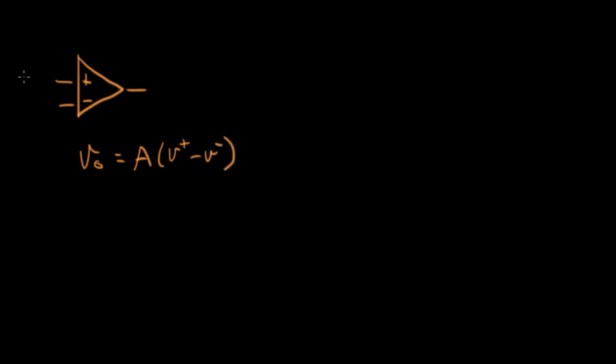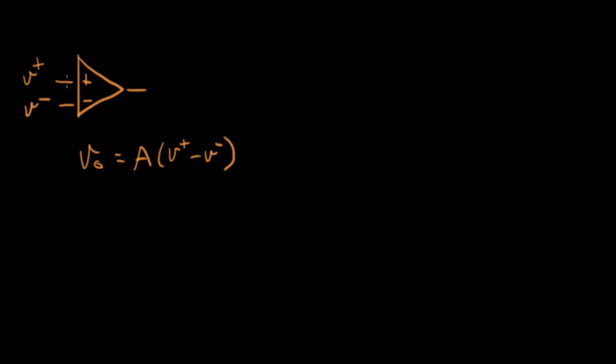The op amp that we've been looking at has a symbol like this. And we know that V out equals some huge gain times V plus minus V minus. So this is a differential input. Here's V plus, here's V minus.